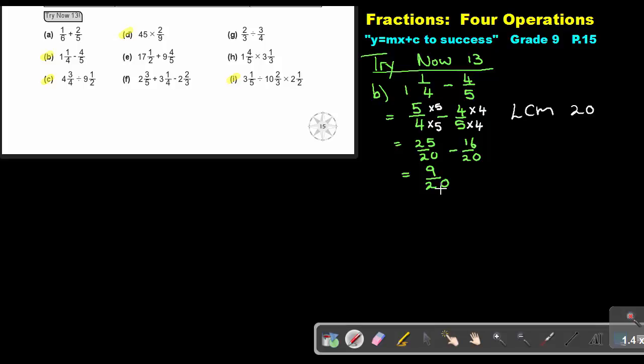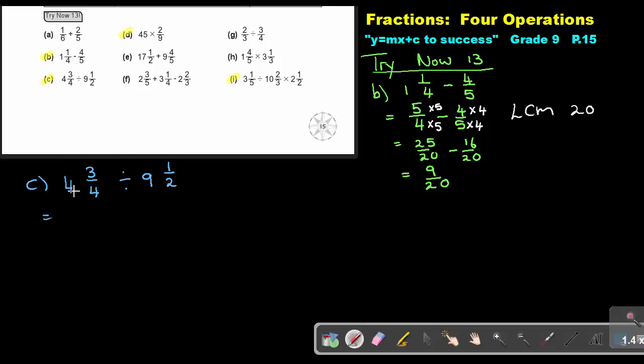Okay, let's see if we can do number C here. Okay, so number C is 4 3/4 divide by 9.5. This is a division sum. So what do we do? We first make it improper fractions.